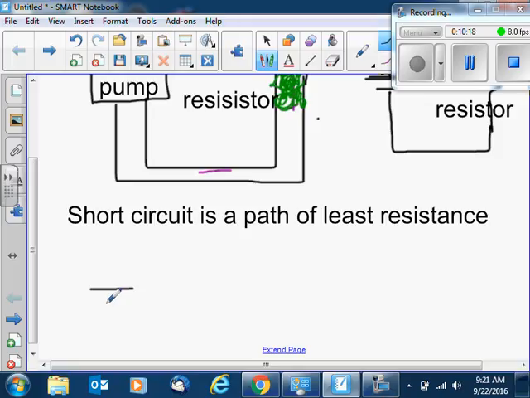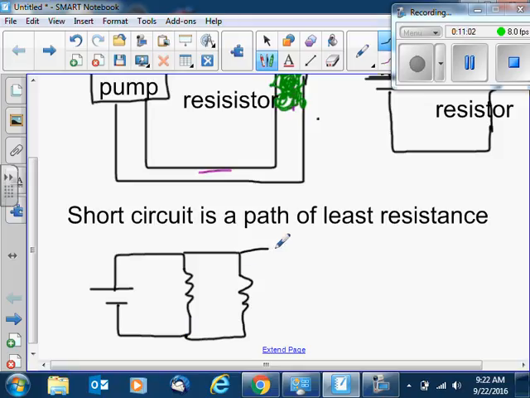So here's my battery, and I'm going to draw one resistor, and now I'm going to draw another one, and yes, they're connected right here. And here's the third one, but there is no resistor, there is just a wire.